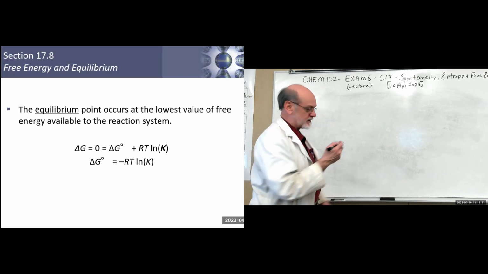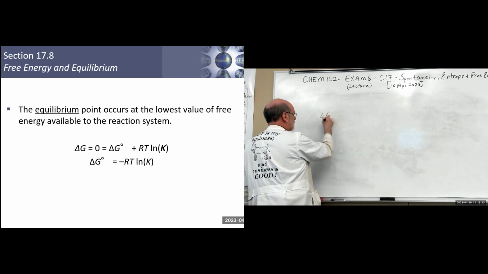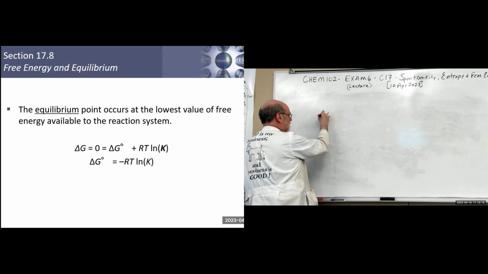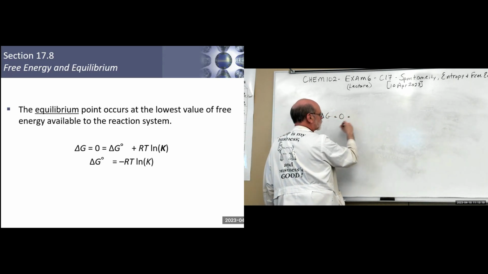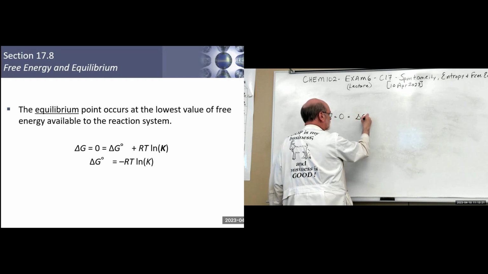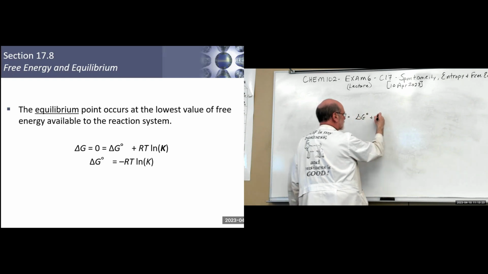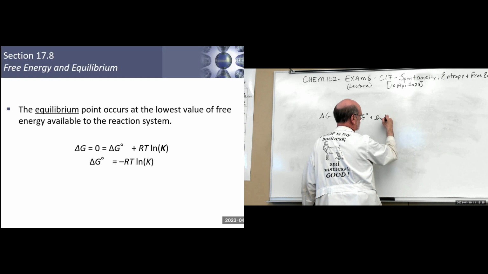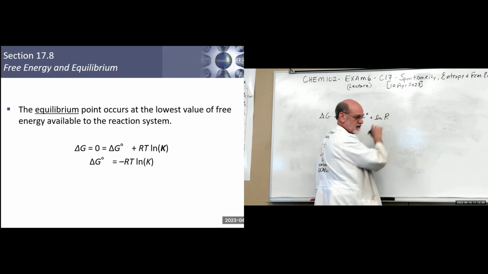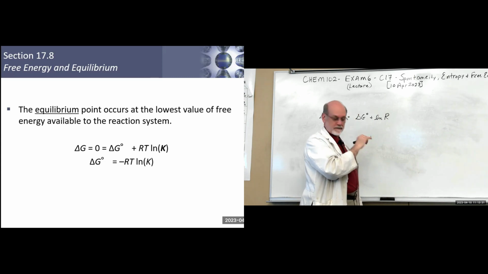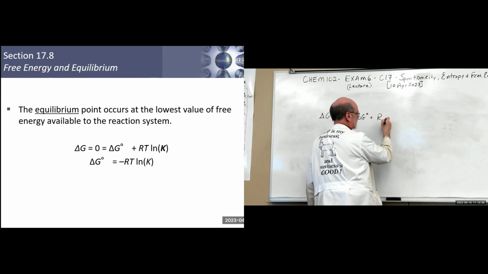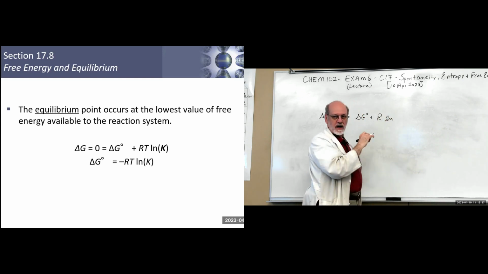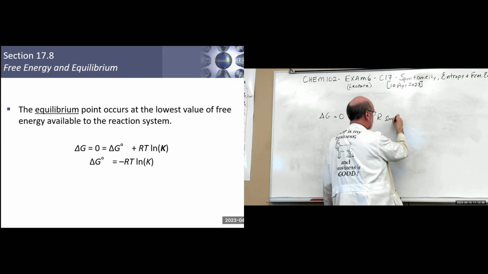So in that case, the lowest value energy change here would be 0, which would be equal to delta G0 plus R T first, then natural log of K.